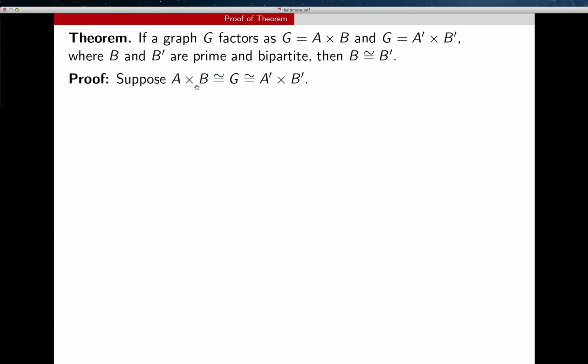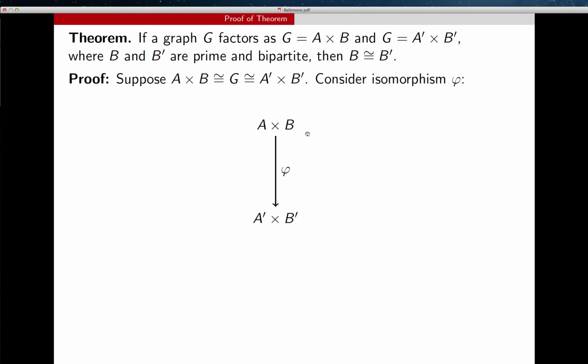And here's what we'll do to prove our theorem. Let's suppose that A times B is isomorphic to A prime times B prime, that G is isomorphic to both A times B and A prime times B prime. And we're going to consider an isomorphism phi from A times B to A prime times B prime.